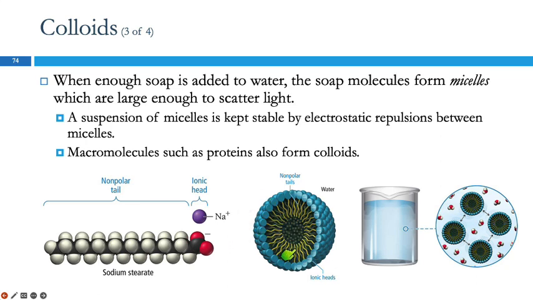So it's kind of like circling the wagons to defend yourself against the wolves or something. So they'll make these spheres where the inside is all these little nonpolar tails and the outside is ionic. And these will stay in solution instead of, like oil normally does, just making two separate layers. They're going to stay in solution because these ionic heads of neighboring micelles are going to repel each other.